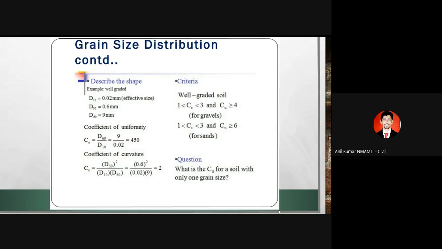If it satisfies only one condition, then it is called a poorly graded soil sample. It may satisfy Cc, but Cu it may not satisfy. Then it is poorly graded. Therefore, for this condition both have to be satisfied, then only I'll call it well graded, right? So based on that, if Cu satisfies and Cc doesn't satisfy, it is a poorly graded or uniformly graded soil sample. Okay, so that is how you have to understand.